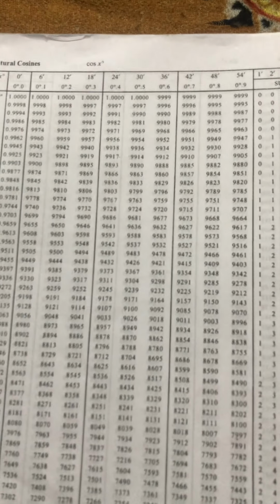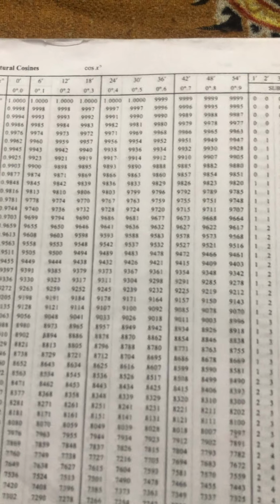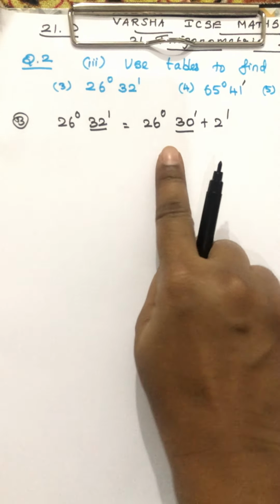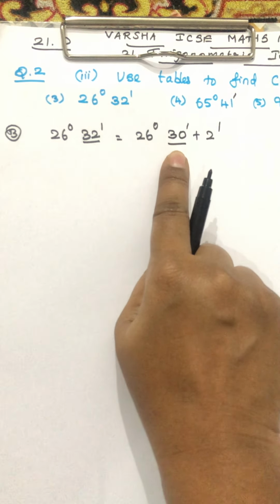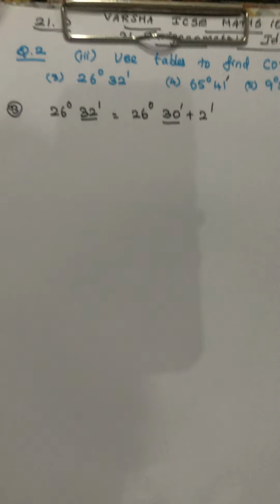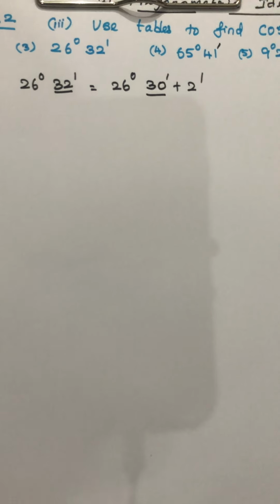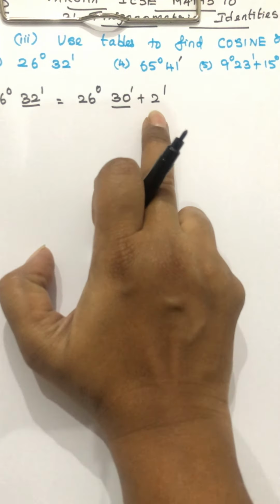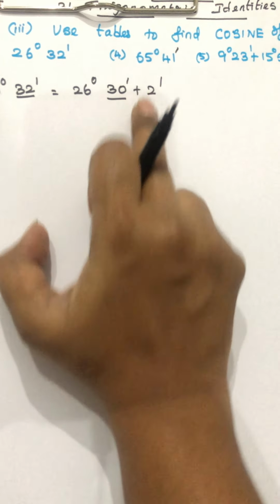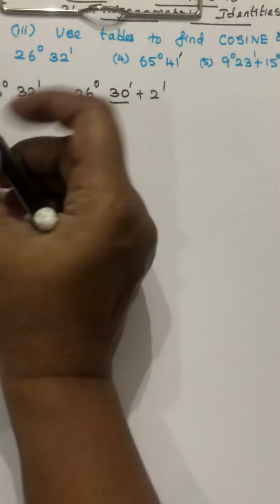So what is our first sum? It is 26 degrees 30 minutes and 2 minutes. We find the value for 30 minutes and for the 2 minutes we have to subtract the value. Why, ma'am?